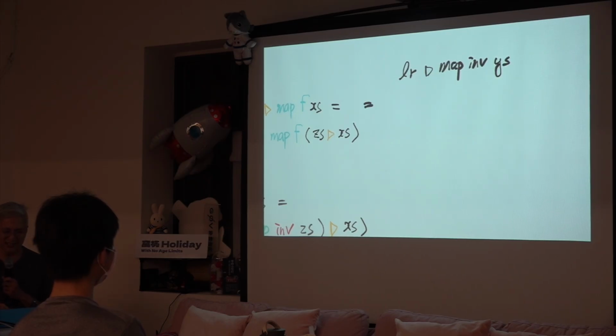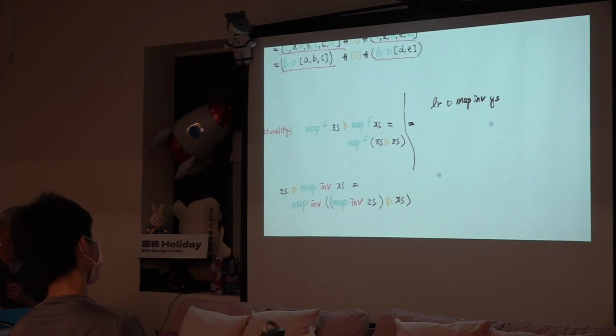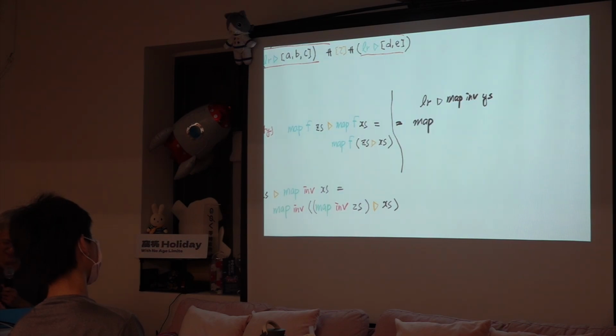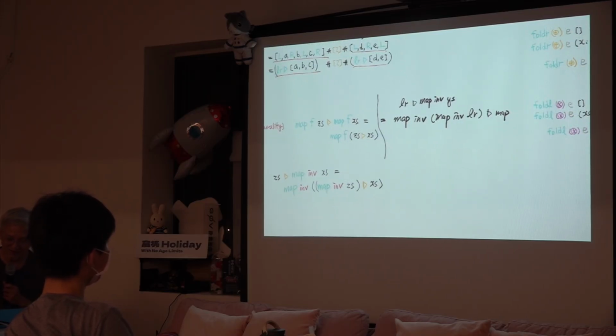So to match the pattern on the left-hand side, I'm going to do a map inv of map inv of LR, which is still LR, interleave map inv of axis.